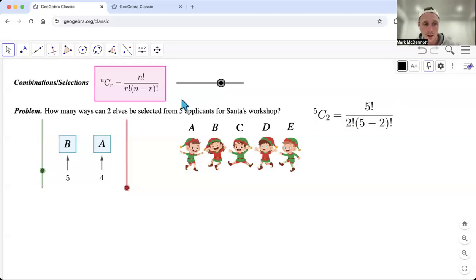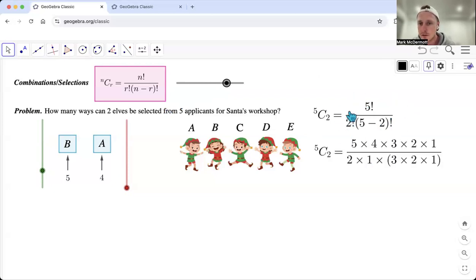So if we look at the formula, just applying it to this problem, 5 choose 2 is 5 factorial on 2 factorial by 5 minus 2 factorial. Once you've worked this out, the number crunching isn't too bad. 5 factorial is 5 times 4 times 3 times 2 times 1, divided by 2 times 1 times 3 times 2 times 1. I trust you can work that out.